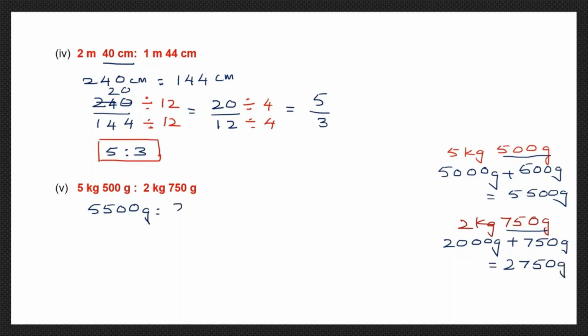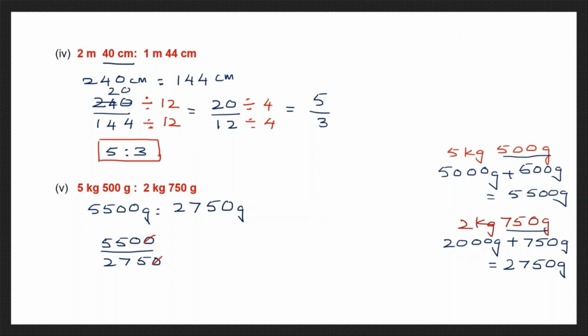Let's write that down, 2750 grams. Now let's write it as a fraction. 5500 by 2750. Let's cancel.